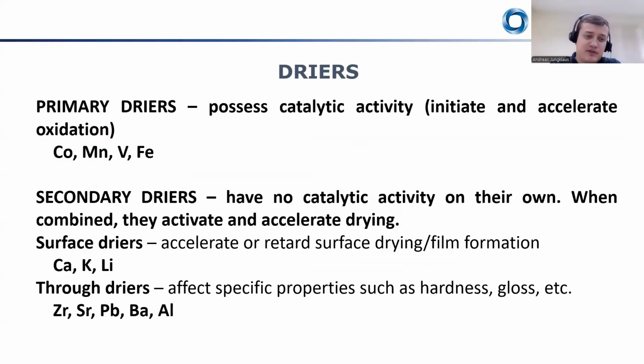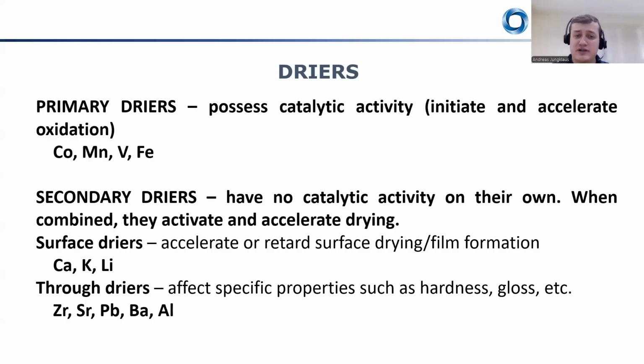Dryers, just to give a brief explanation, are metallic compounds that help the paint film dry and harden through oxidation. As I said before, there are 2 main categories of dryers, also called siccatives, used in oxidative drying coating systems, such as alkyd paints: primary and secondary dryers.